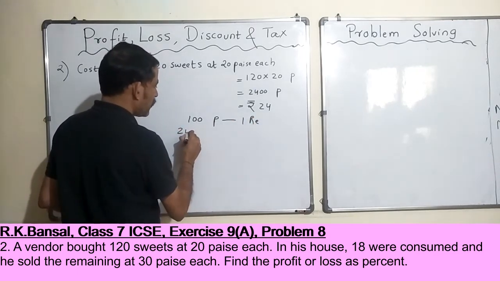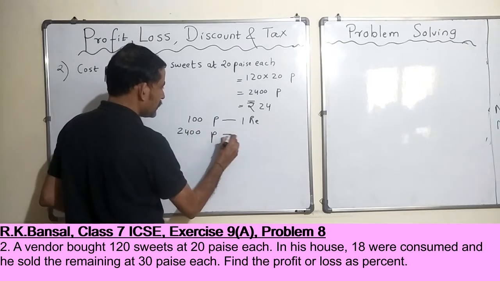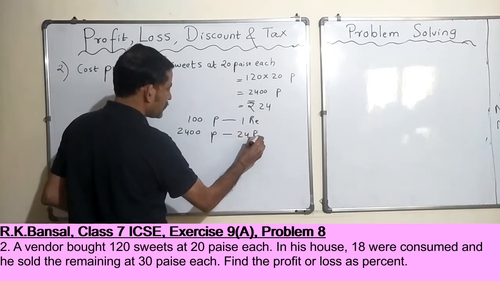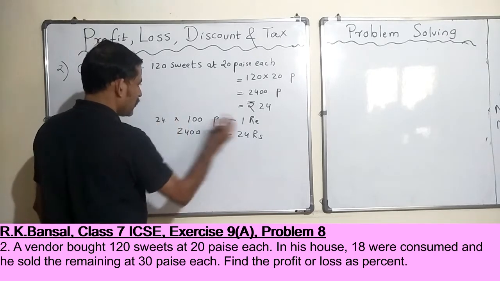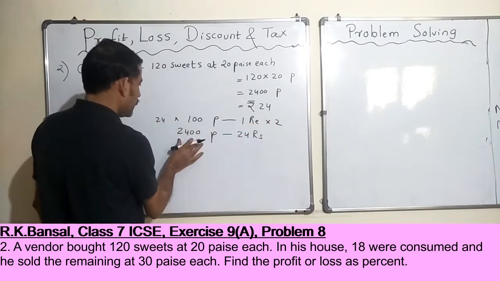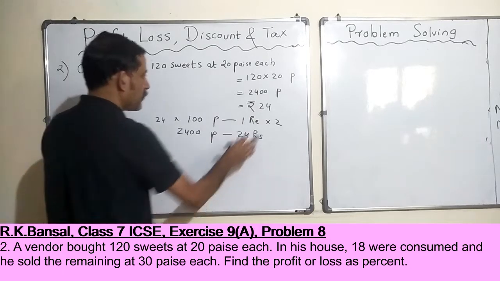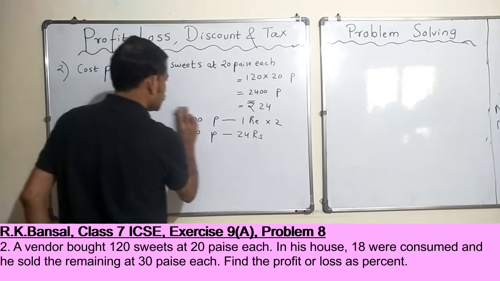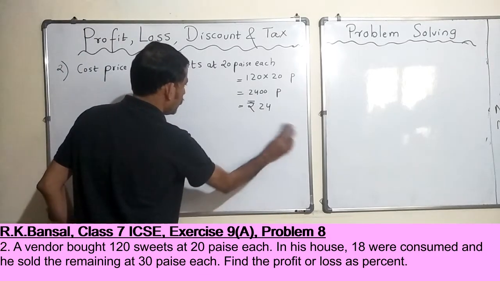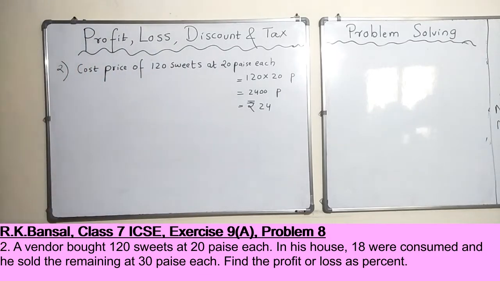So 2400 paise is 24 rupees. So the cost price of the sweets that he bought was 24 rupees.